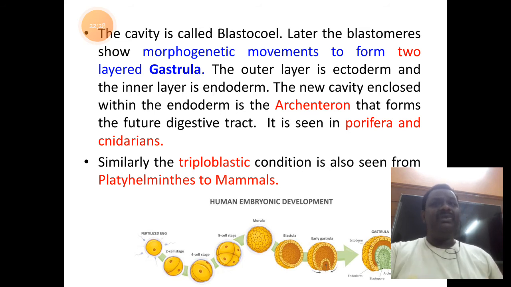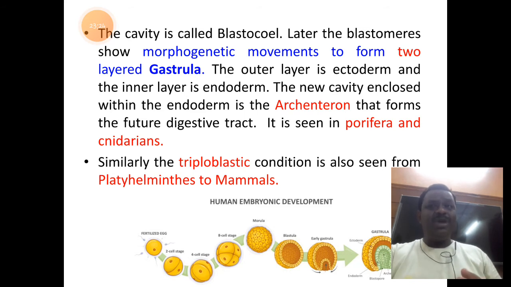The next stage is where the blastomere cells of the blastula start showing a special kind of cellular movements, which we call morphogenetic movements, like epiboly, emboly, invagination, involution, convergence, divergence, etc. These morphogenetic movements within the blastomere cells will now result in the formation of a newer cavity called archenteron or gastrula with two definite layers for the embryo.